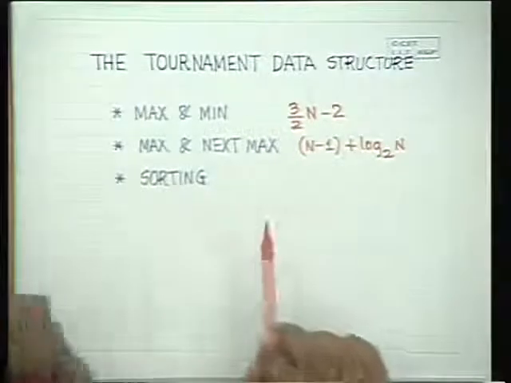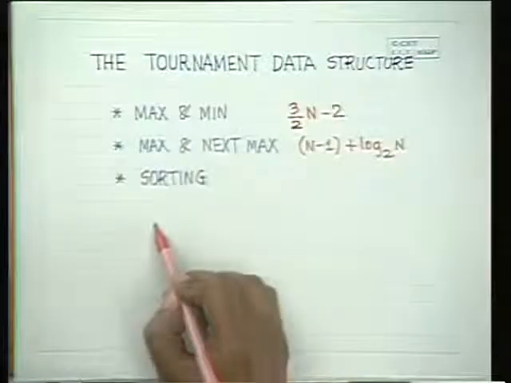Now we come to a very interesting example, the example of sorting. The traditional bubble sort or the exchange sort, which all of us do, has two loops, isn't it?